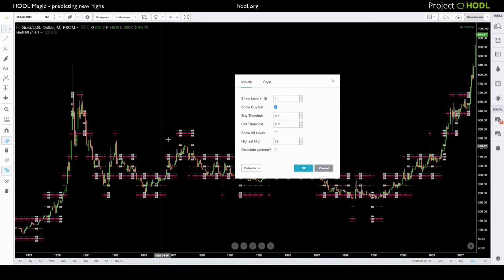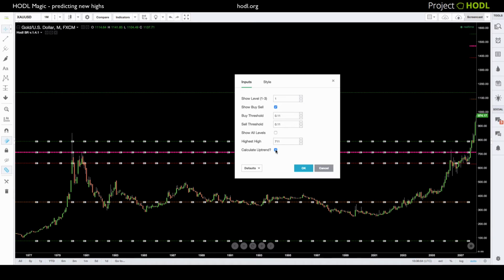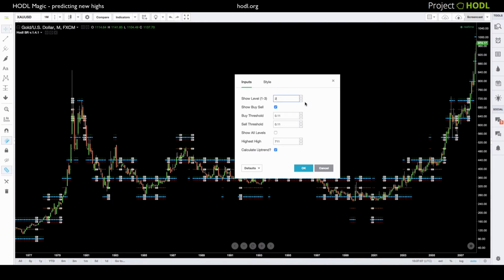And now, because we are going to look for the price above the latest highest high, we have to tick the uptrend button. And when we do this, HODL SR draws levels differently. So we're talking about HODL levels here, and we have to switch to level 2, which corresponds to level 1 when the uptrend is not ticked.